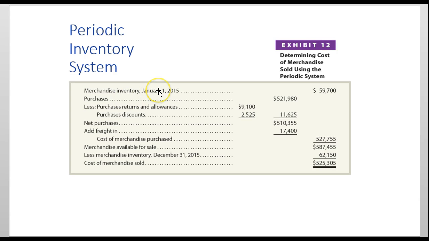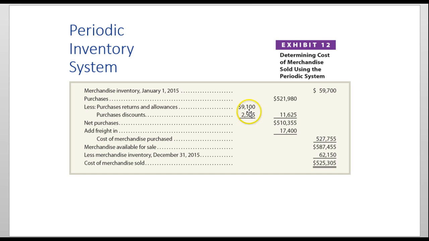At the beginning of the period, I know what my inventory is. It's $59,700. During the period, it could be a month, it could be 3 months, it could be however you define your period of activity, I've purchased $521,980. I have had total returns and allowances of $9,100, and I've had purchase discounts of $2,525.